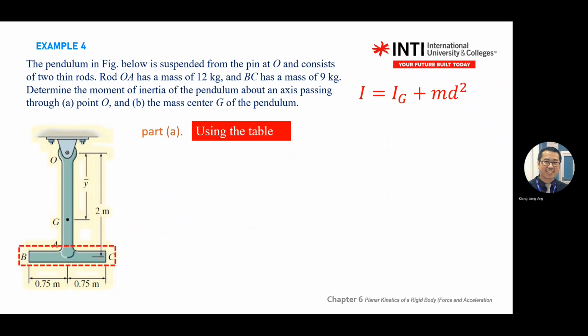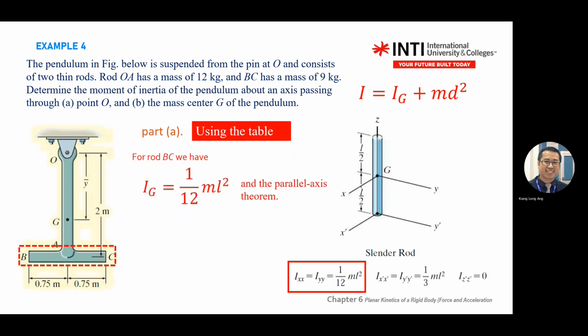You substitute, you get 16. So what about BC? BC, same. If you look at BC, it is a rod, and a parallel axis theorem. So for your IG, you use 1/12 ml squared. Then you substitute. Why do you use the first one for BC? Because you have a center point.